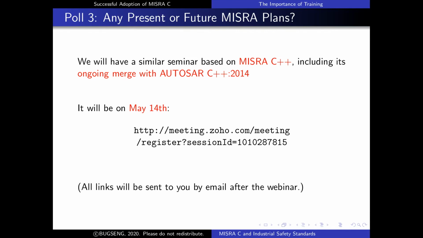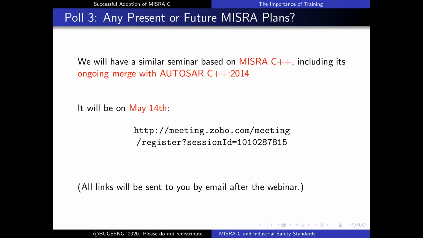Okay, in the meantime, the 55%, so the vast majority, expressed that they are working now on projects that are meant to comply with MISRA C, and the next greatest percentage is the 15% that will have to comply within 12 or more months, and the others are split between 3 months and 6 months.